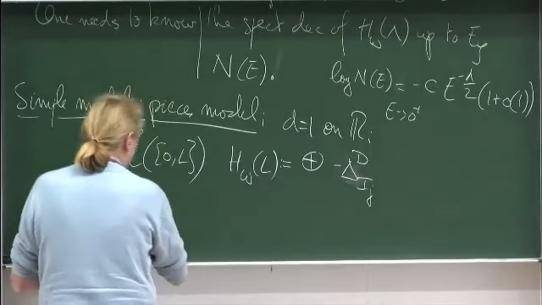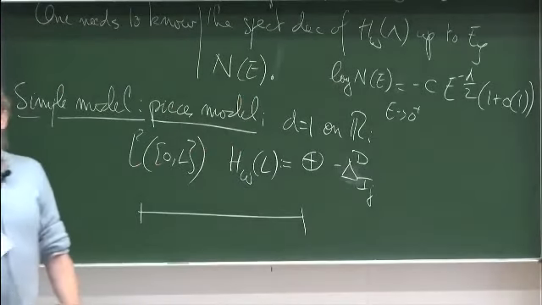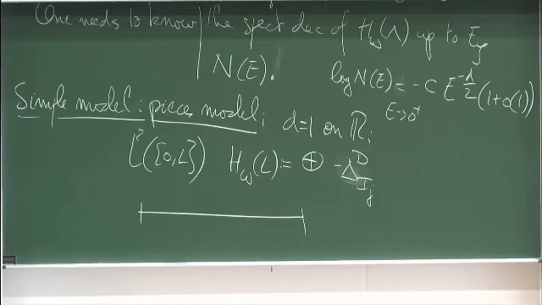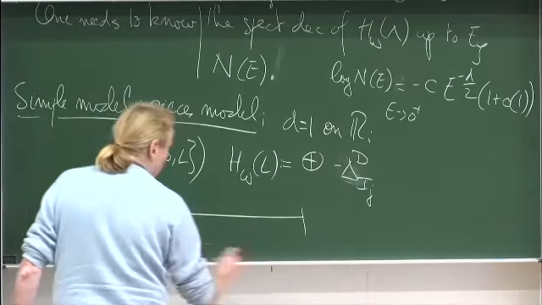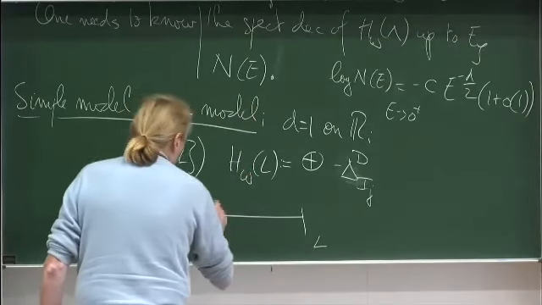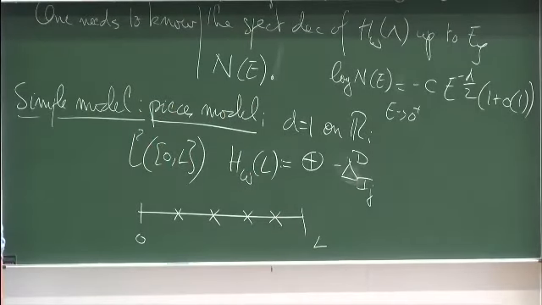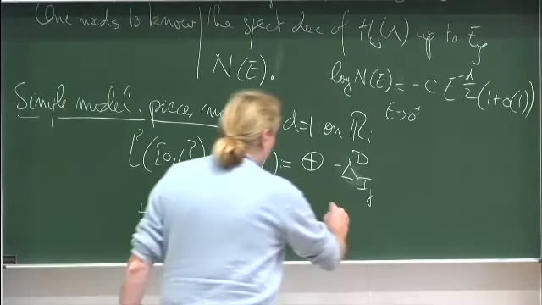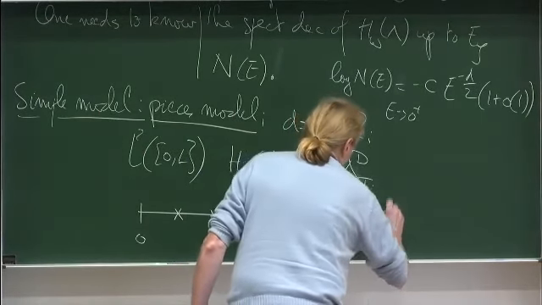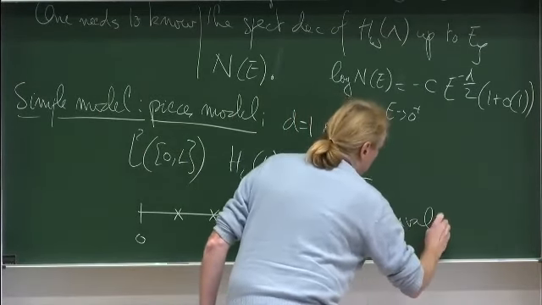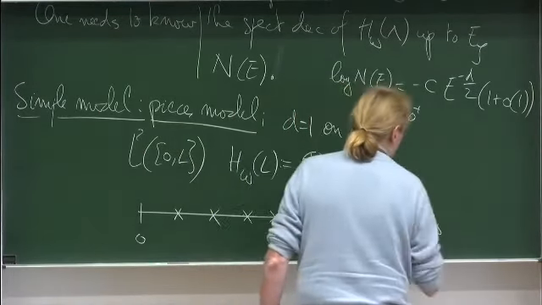So you take the interval 0 to L, you throw Poisson points on the real axis. Okay, your sample omega throws Poisson points on the real axis. You keep the Poisson points that are inside 0 to L. This gives you a certain number of intervals that I call I_j of omega.